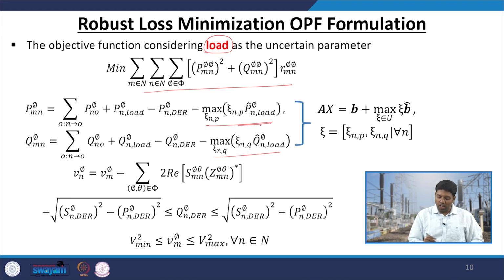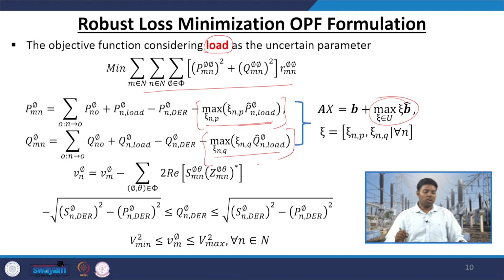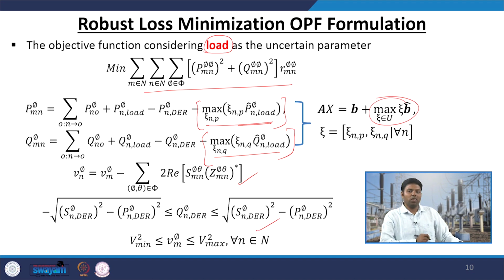So, you can see only this load has been changed with this maximum zeta times beta cap b cap terms. This term has been added to your constraint and the rest of the part is the same. Robust optimization only changes that part, not like the stochastic one. Stochastic changes the entire formulation with the scenarios, but robust only changes the variable associated with the uncertain event.